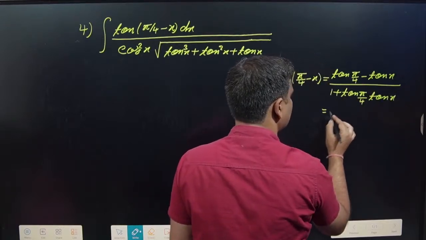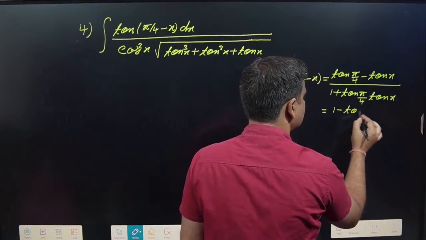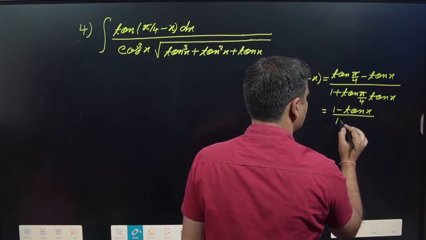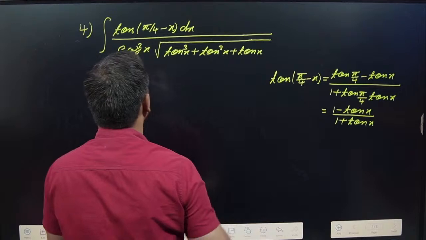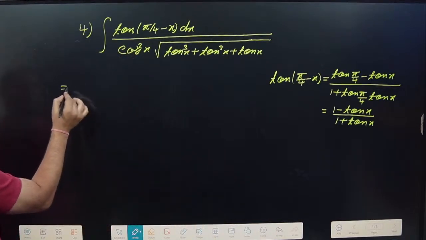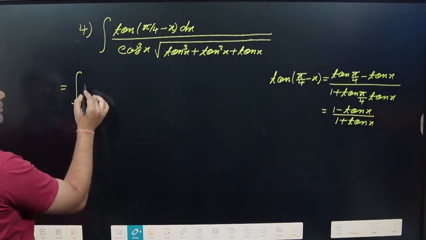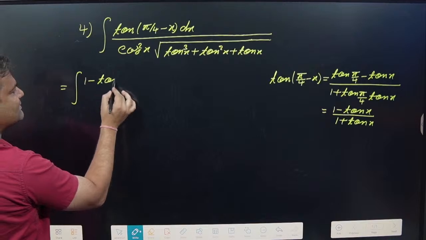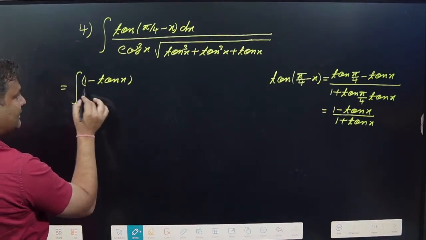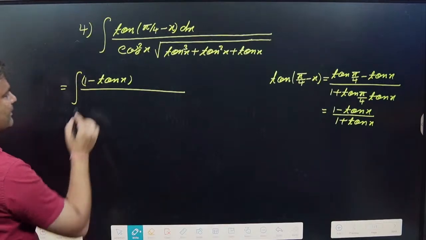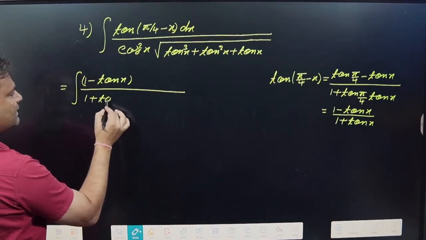Tan pi by 4 is 1, so it is 1 minus tan x divided by 1 plus tan x. So this is replaced by 1 minus tan x divided by 1 plus tan x.